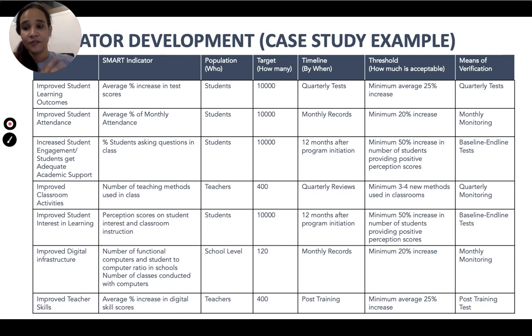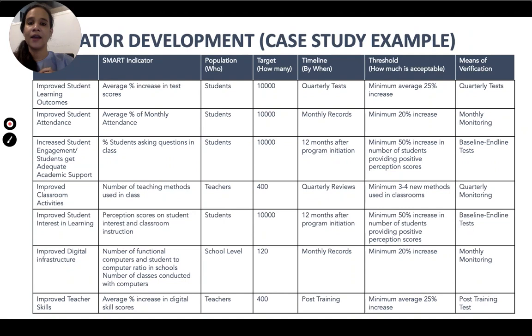For improved digital infrastructure, we are looking at not only functional computers, but also computer to student ratios, and the number of classes conducted with computers, looking every month at this data, where we want to see at least a 20% increase in the ratio and functional computers, etc. In improved teacher skills, we are just doing a post-training test, if you look at the means of verification, to look at the average increase in digital skills scores.